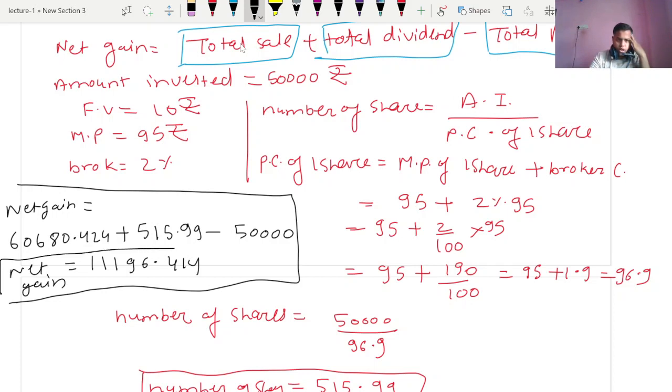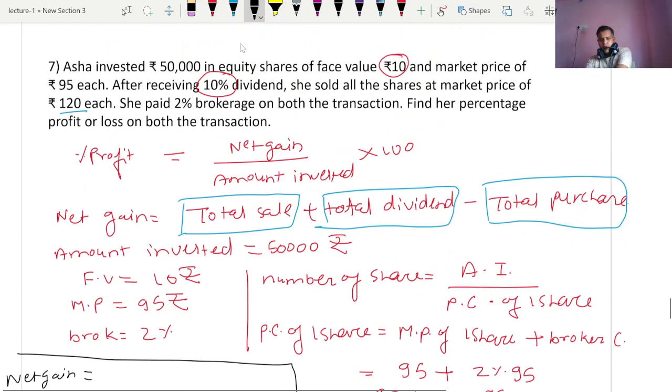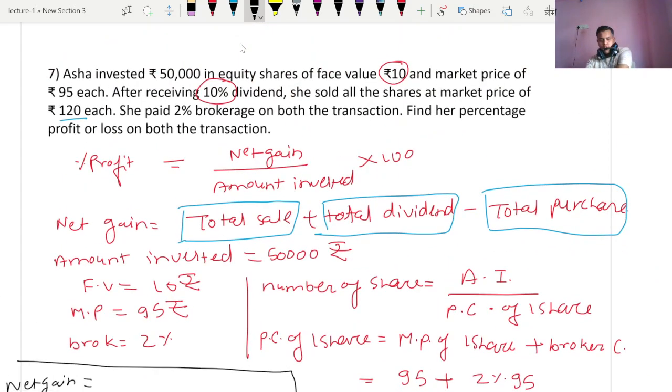Now what you want? Percentage profit, right? So percentage profit has a formula, net gain by amount invested into 100. So your net gain is 11196.414 divided by amount invested, that is 50,000, multiplied by 100.